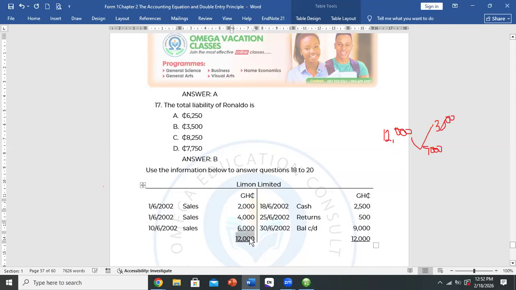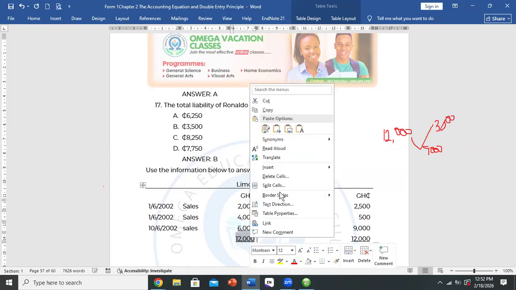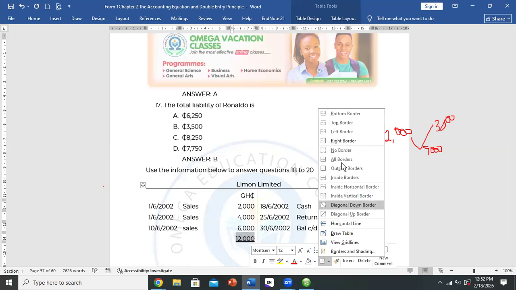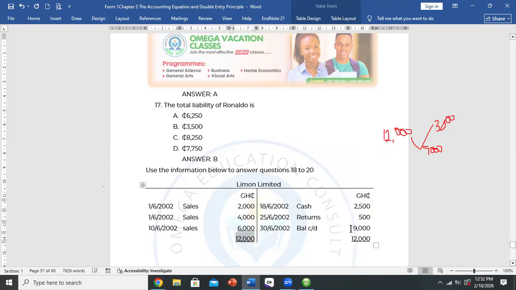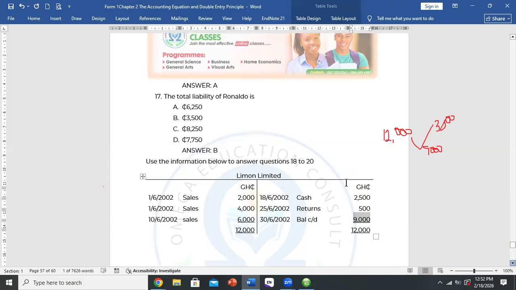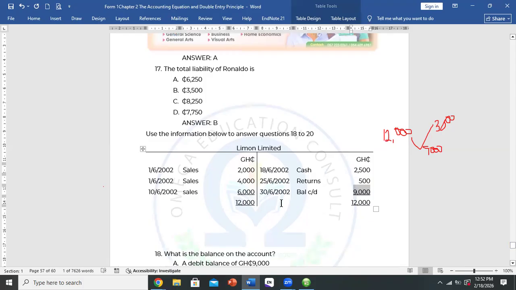I'm using Word, so I don't have underline here, but you have to use your pen to underline and show the total on both sides. And it should always be on the same line. Very, very important.